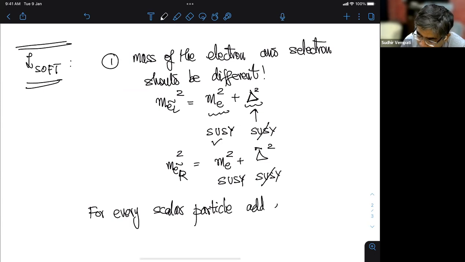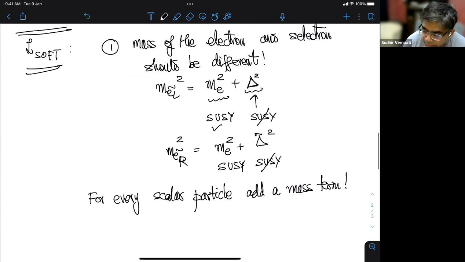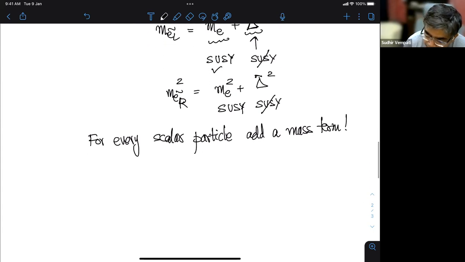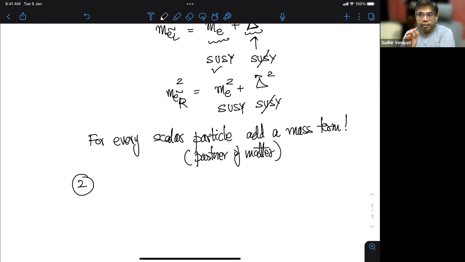So one needs to add a mass. Similarly, for every scalar partner of matter, every scalar of a matter particle.